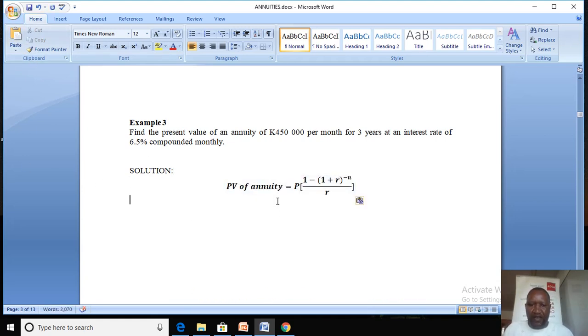Of course, identify the variables. So what variables do we have? We have our P, that's the 450,000. We have our N, that's the 3 years compounded monthly. That is going to be 3 multiplied by 12, 36 months.